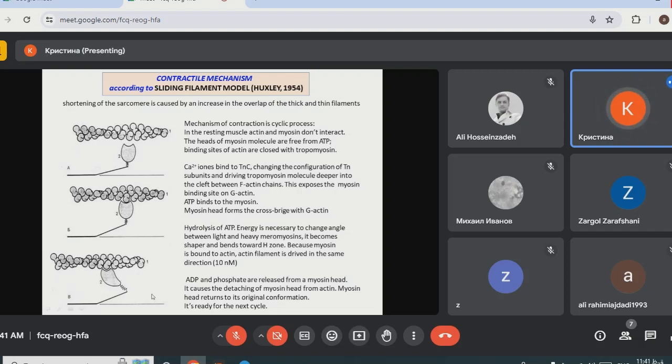Then we will need another molecule of ATP. Another molecule of ATP will be attached to the head of myosin, which allows the myosin head to detach from actin and to return to the resting state like this. And then this cycle will be performed once again.